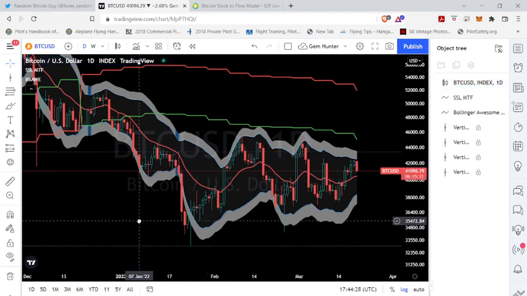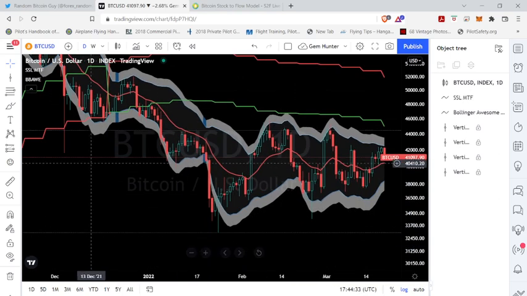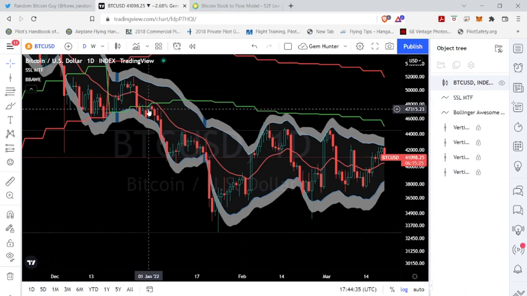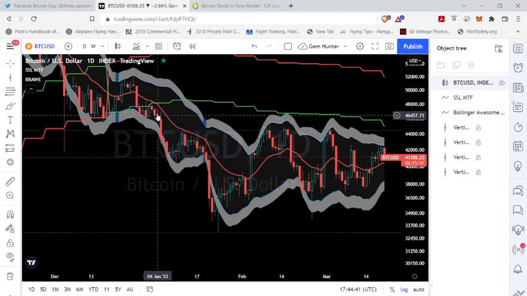So right now we are below the SSL, so this is a good time right here to show what this does. When price drops below the SSL and is below the midline, it's going to be 125% of your DCA.